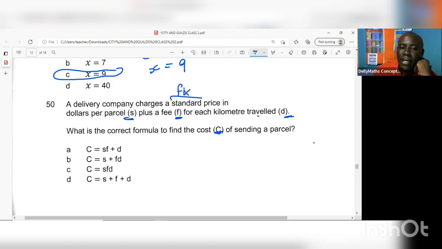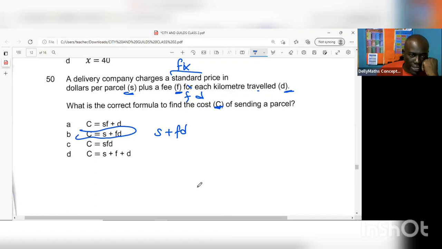So you want to have that by itself. This looks like it, because it's going to be that standard price plus FD. Because if you notice, this part says plus a fee F for each kilometer. So each kilometer, we're going to multiply the F times the D, plus that. So C, the answer is B.